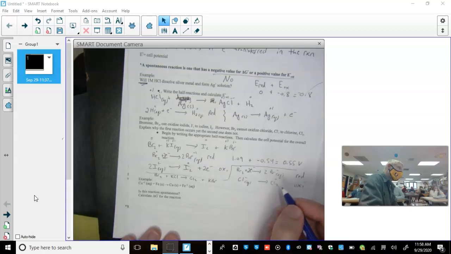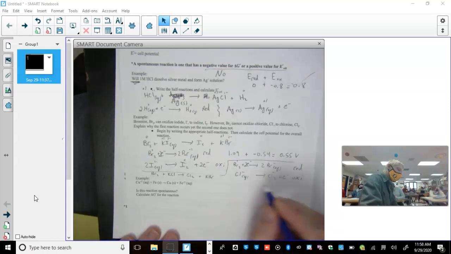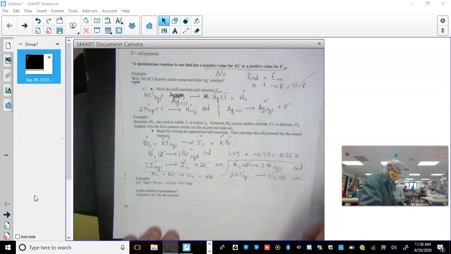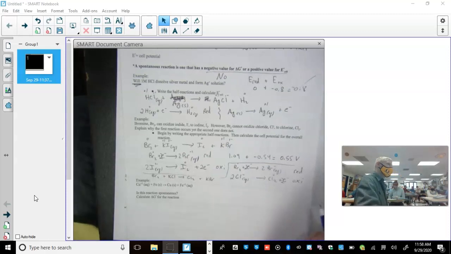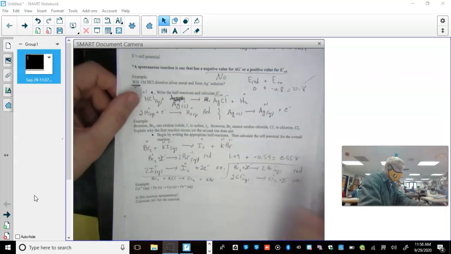Electrons go on the product side. And we've got 2 chlorine, so 2 electrons are being given off. But again, balancing it isn't going to impact our E cell.